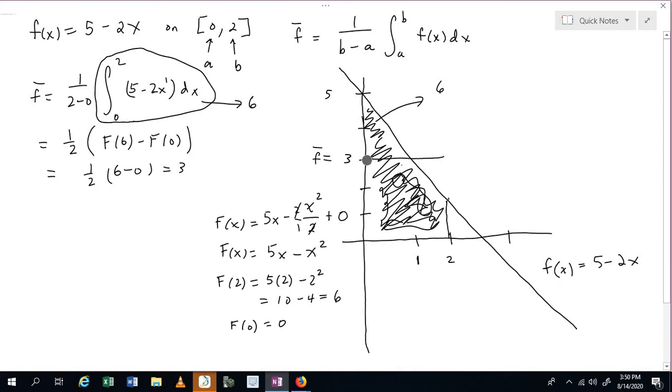So notice that the net area trapped between this function and the x-axis from 0 to 2, the area in that little rectangular piece, would also be 6, because this is just a 2 by 3. This distance here is 2, and this distance here is 3. So it's a 2 by 3 rectangle, which also has an area of 6.